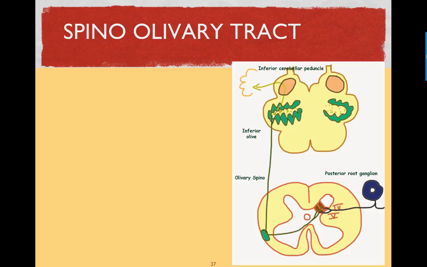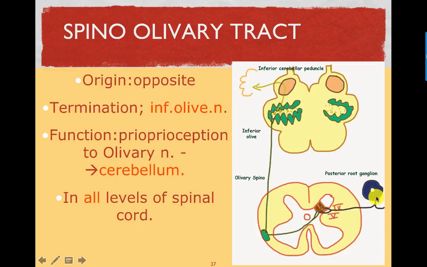Here we have the last member in the unconscious proprioception, the spino-olivary tract. Here also the larger cells in the posterior root ganglia, which is the first order neuron always, will give impulses to lamina 5 and 4. Remember the ventral spinocerebellar was 5, 6 and 7.